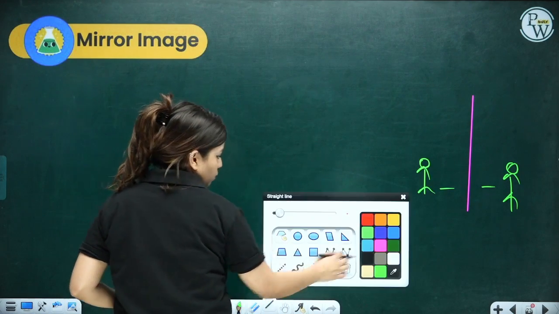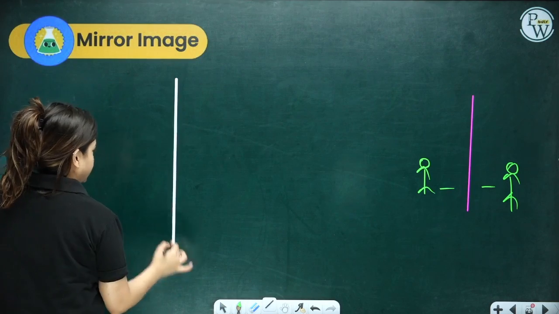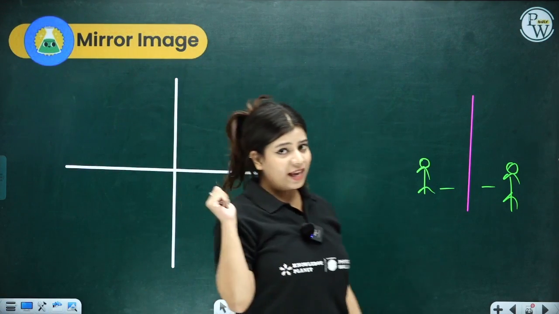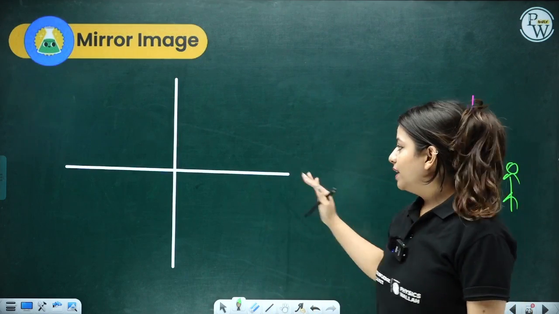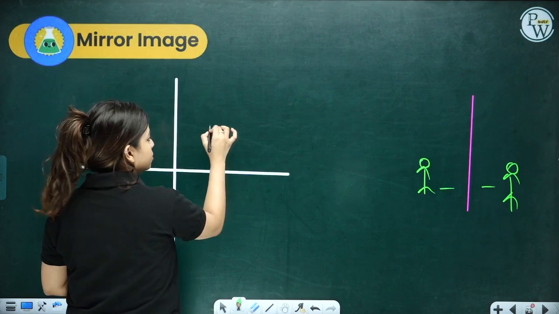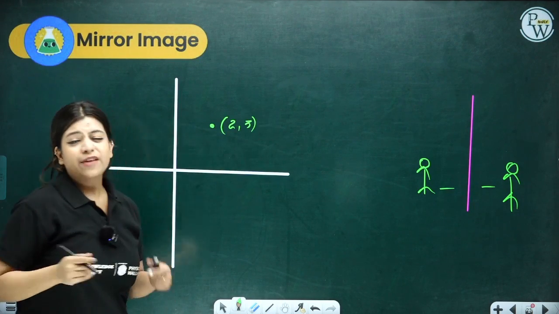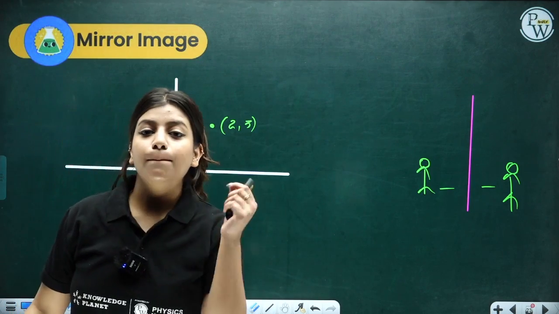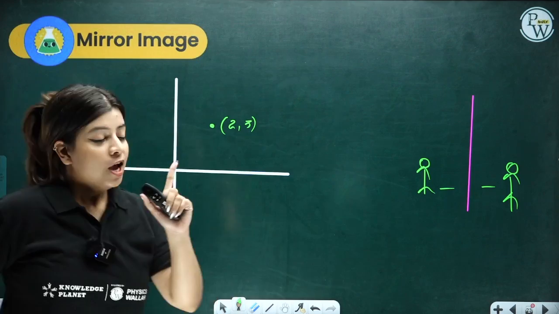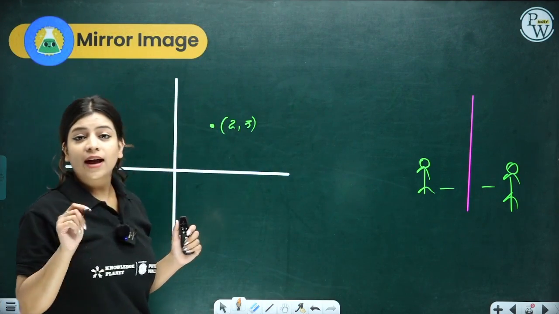Listen to me, students. For example, this is your x-axis and this is your y-axis. In this simple case, suppose a point is located here and this point is (2, 3). If I ask you to calculate the mirror image of this point on the y-axis, first of all you have to check which axis is acting as a mirror.